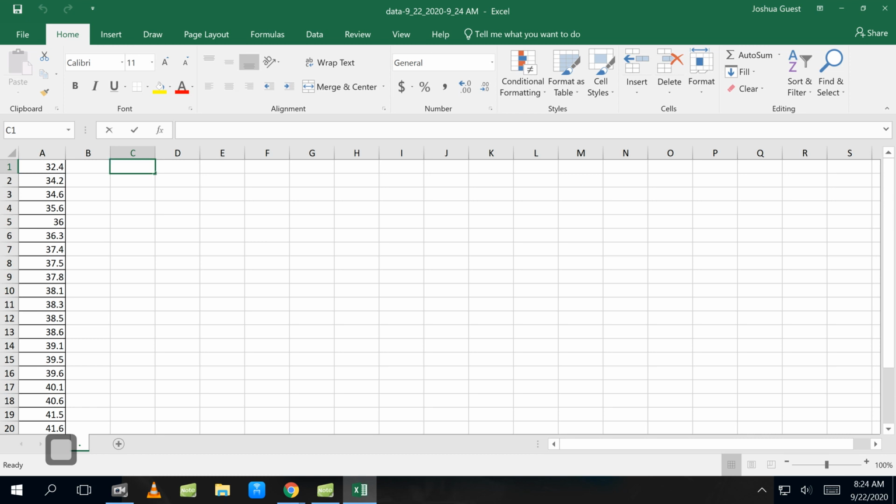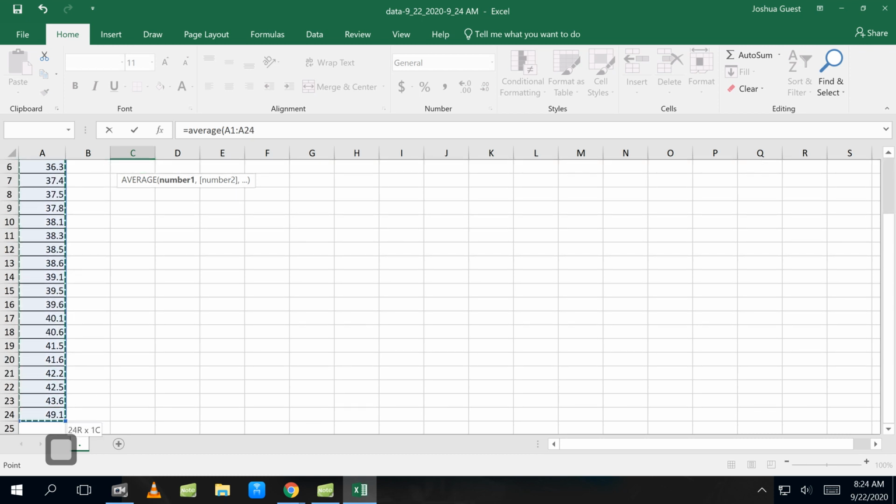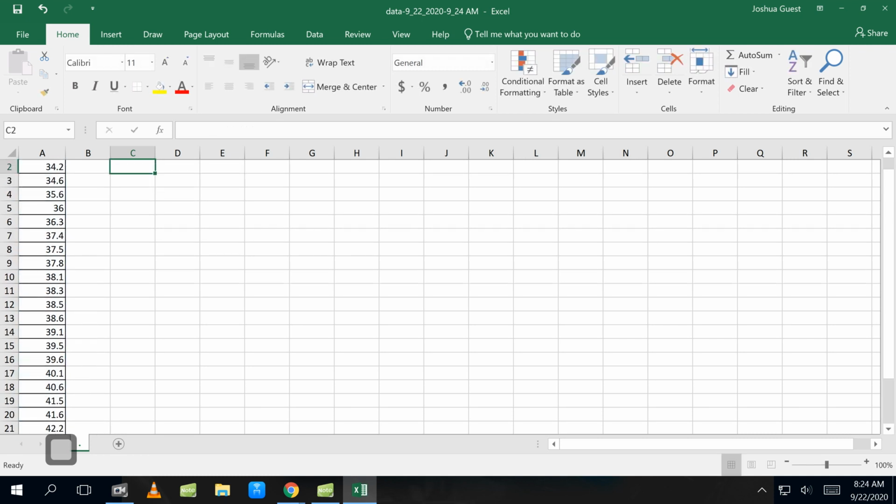I'm going to type in equals average, which, by the way, if you type in the word average in Excel, it's going to give you the mean. So let's go here, and then all the way down there. So there's your mean, and then what is the standard deviation?